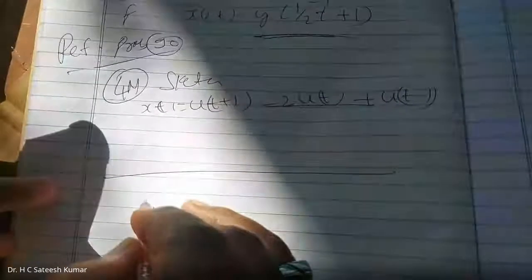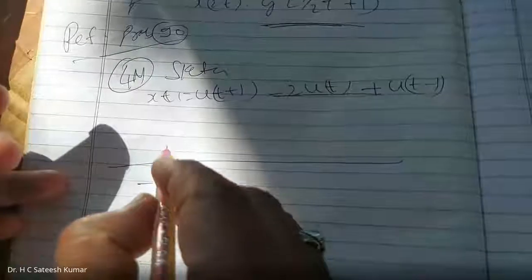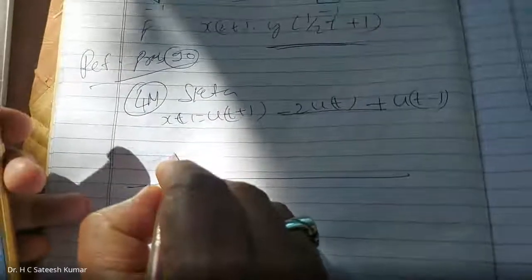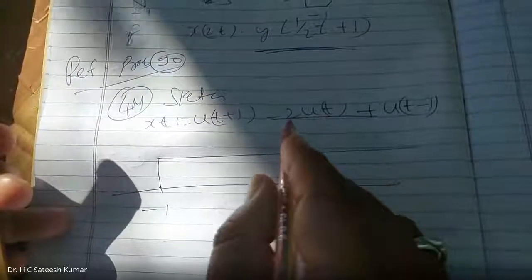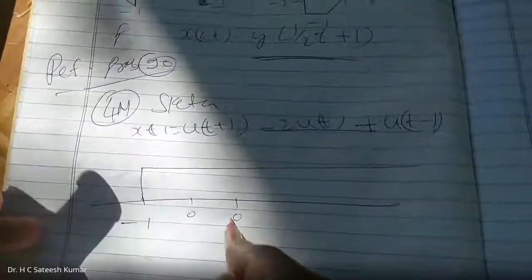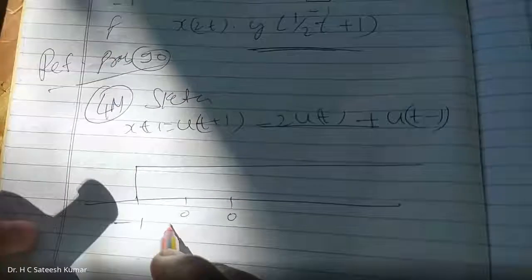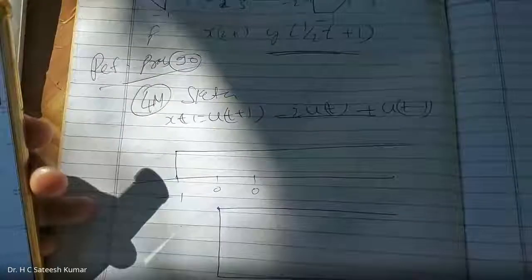We know the answer. First, you start from this one, u of t plus 1, from -1 to infinity. And then -2 u of t: u of t means starting from 0, and at 0 its amplitude should be -2.